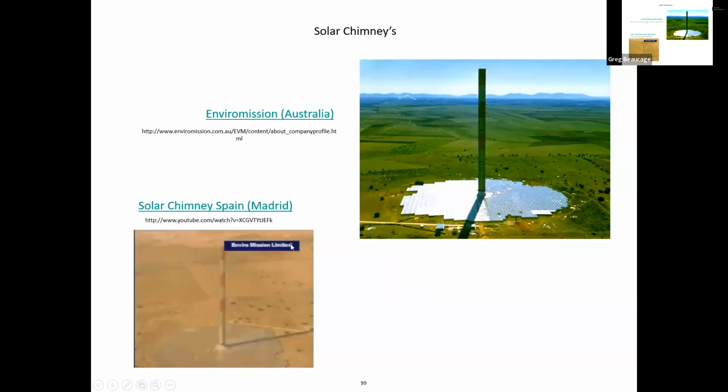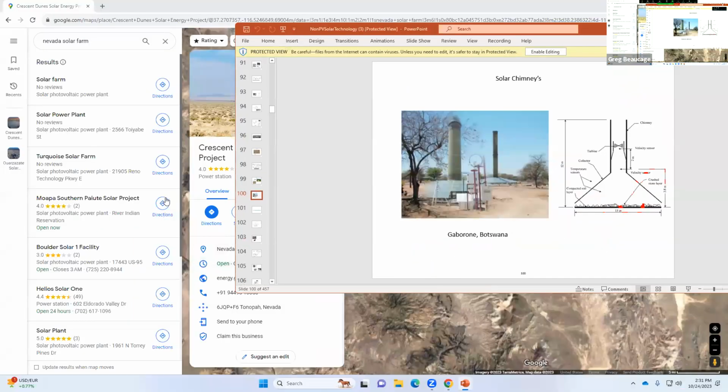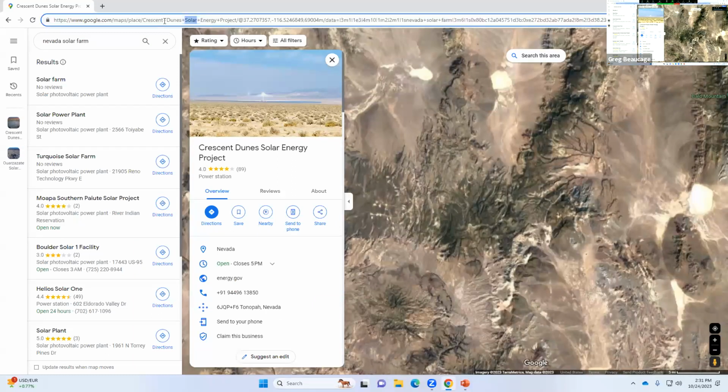This Spain one was a prototype, and this is supposed to be a commercial unit in Australia. I'm not sure what the status of that is. Enviro Mission. Let's see how it's doing. Actually, I didn't check that. It's called Enviro Mission.